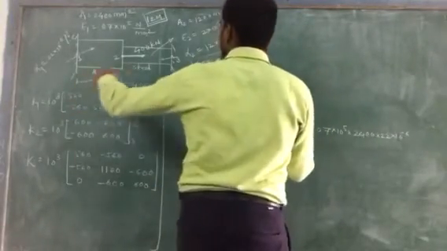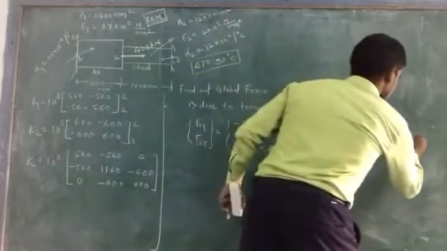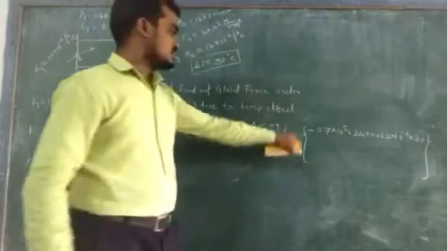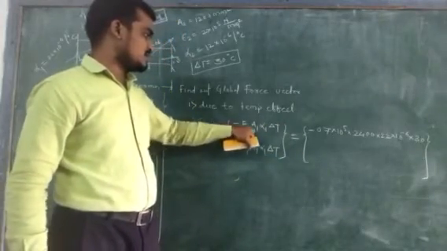Delta t is equal to 30. Okay, this is the first value, minus E1 A1 alpha delta t.